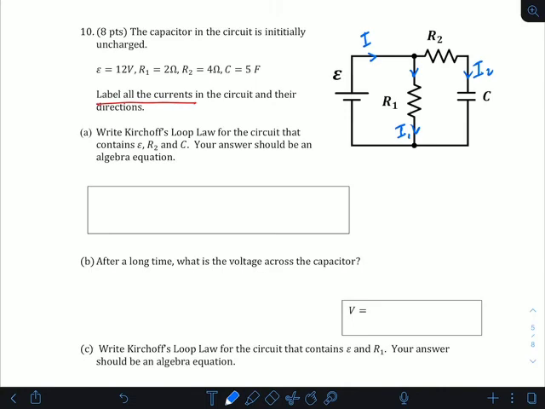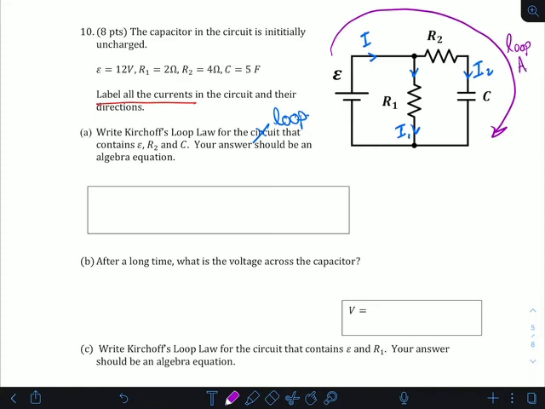Then it asks for Kirchhoff's loop law for the circuit that contains, and this really should be the loop that contains the EMF, R2 and C. So if I look at EMF, R2 and C, then my loop is actually this loop here.